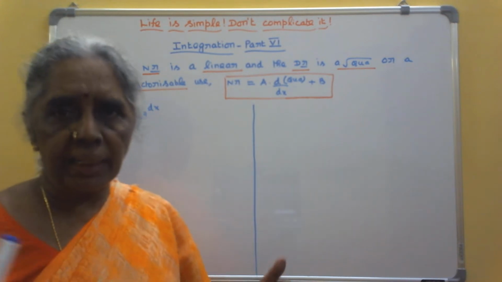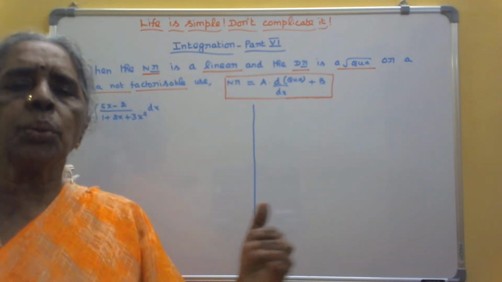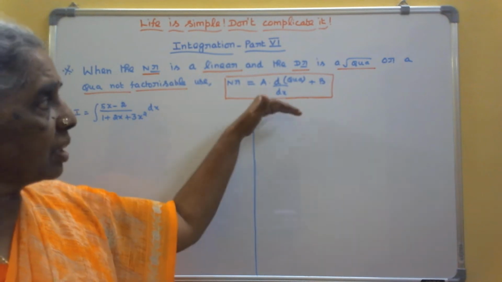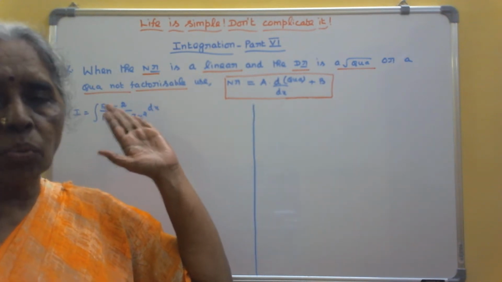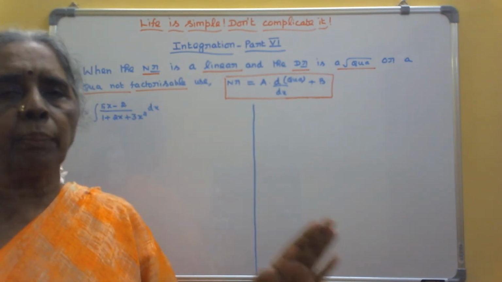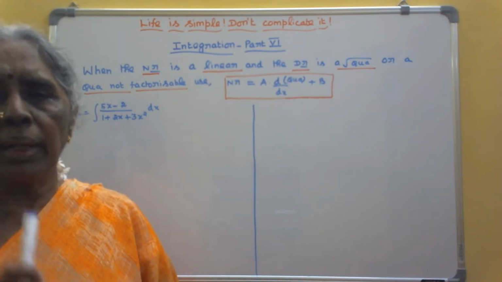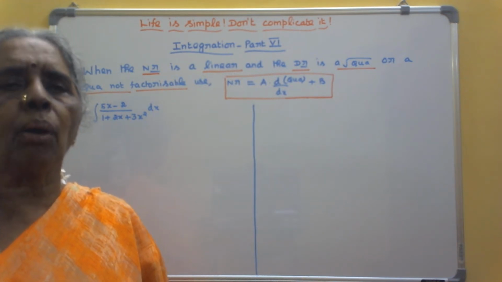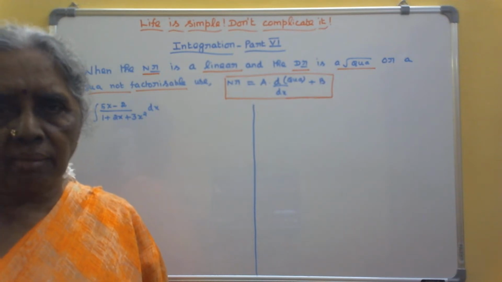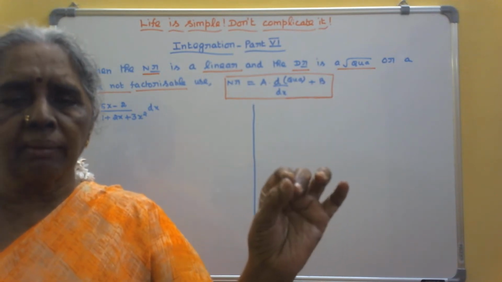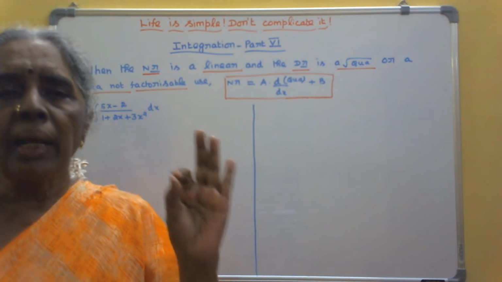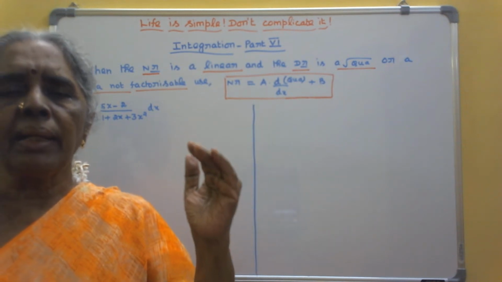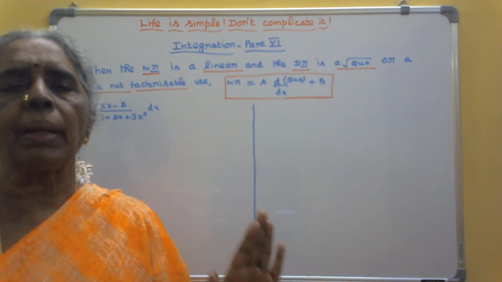We will be finding the values. I will teach you how you have to do it. But the concept, this is the one, remember. So, both the concepts you should remember very clearly. The numerator is a linear, the denominator is a root quadratic or a quadratic not factorizable. Write the numerator is equal to a into d by dx of the quadratic plus b.